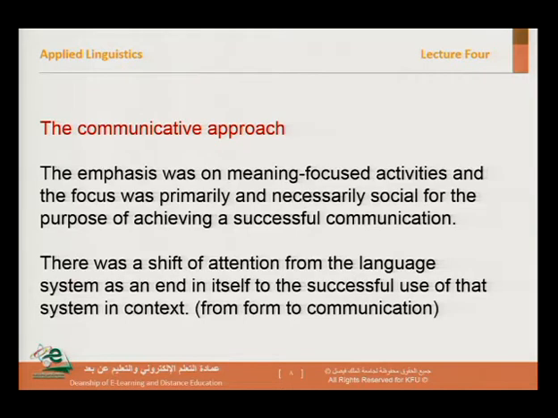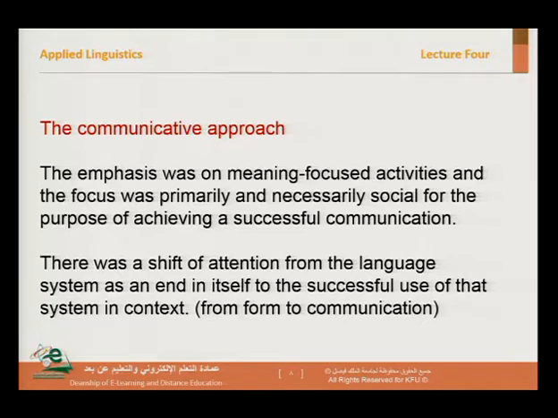There was a shift of attention also from the language system as an end in itself to the successful use of that system in context. So focus was in getting the students to be able to communicate, not getting them able to get the language right.